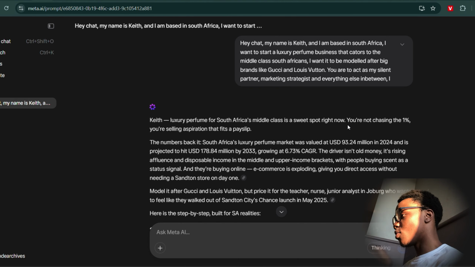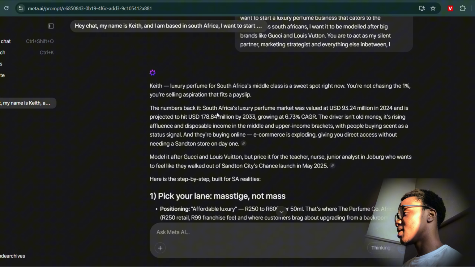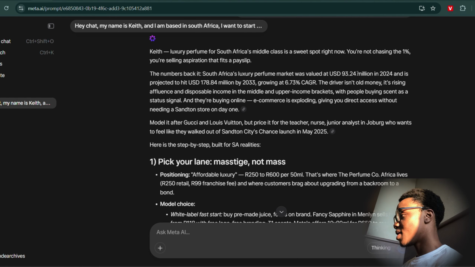You're not chasing the 1%, you're selling aspiration that fits a pay cheque. The numbers back it. South Africa's luxury perfume market was valued at 93 point, that's a lot of money, man, in 2024, and is projected to hit 178.84 million by 2032, growing at 6.7%.